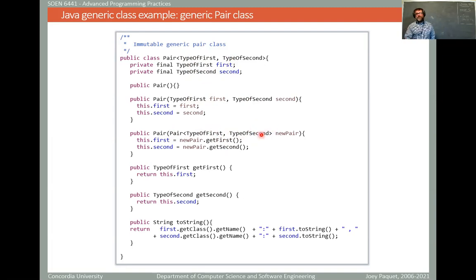So the copy constructor's parameter type is exactly the same type as the type specified here, as it should. Then when I call get first and get second, it returns an object of type of first, and respectively an object of type of second.